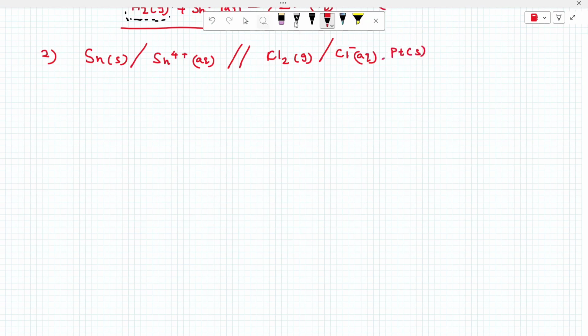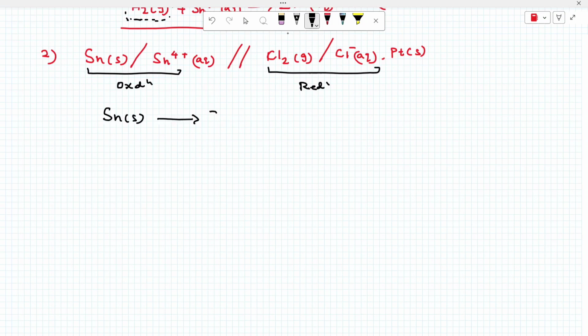Solid. Now write the cell reaction, very simple. This is anode, oxidation. This is cathode, reduction. Therefore, we know solid becomes Sn4+ plus electrons. Now the Cl2 gains 2 electrons to become 2Cl-.